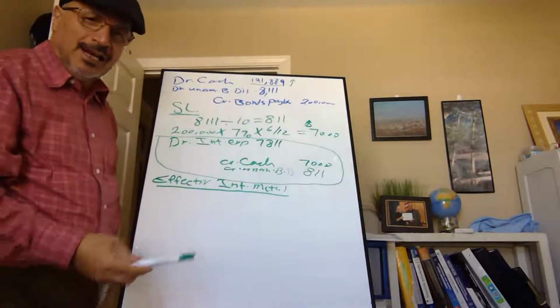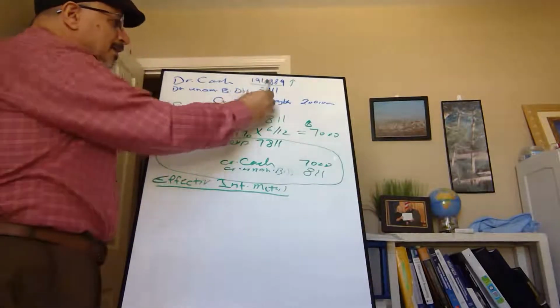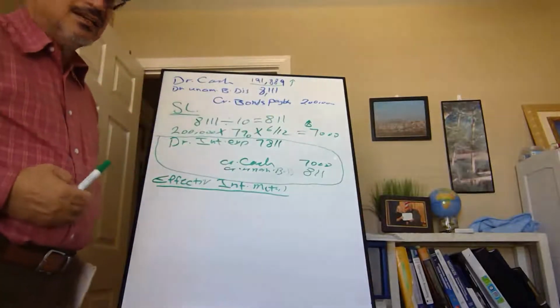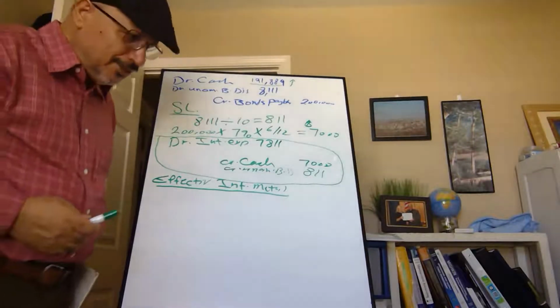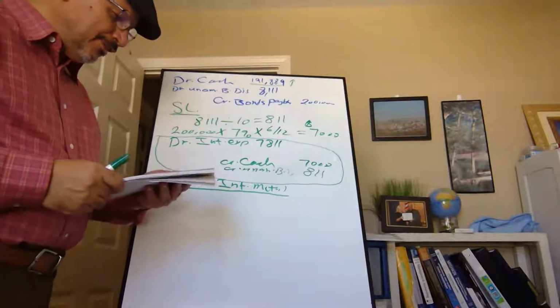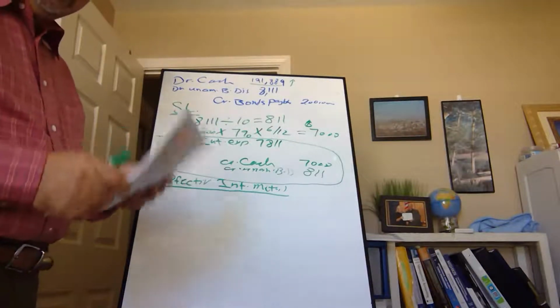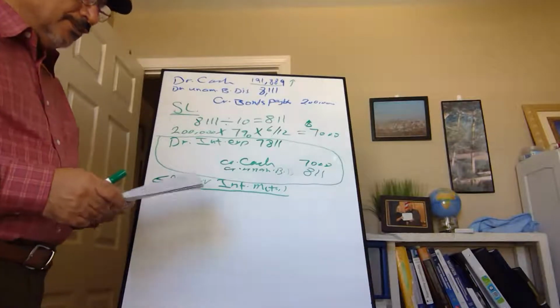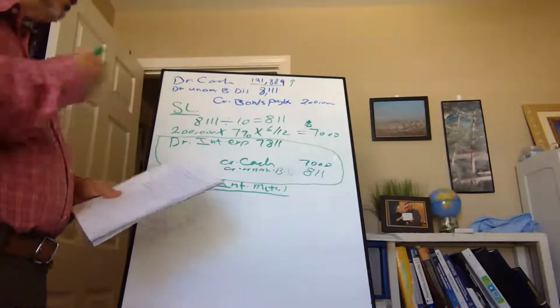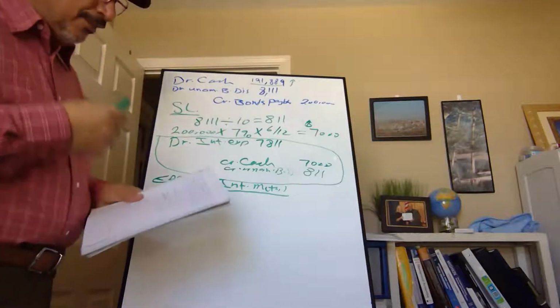You're going to multiply the carrying value or the issue price of the bond by the market interest rate. Okay, in our case, the market interest rate is 8%. Again, I'm using the same example in the book. The market interest rate is 8%. Our stated interest rate is 7%.